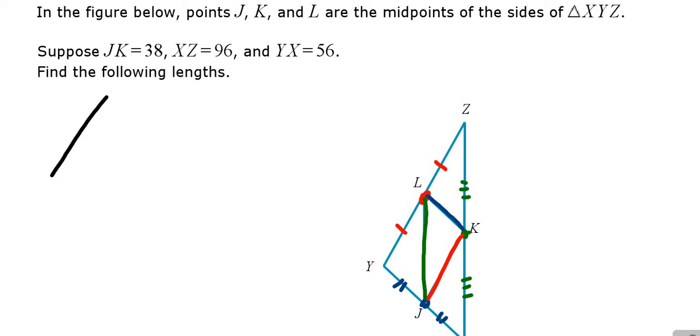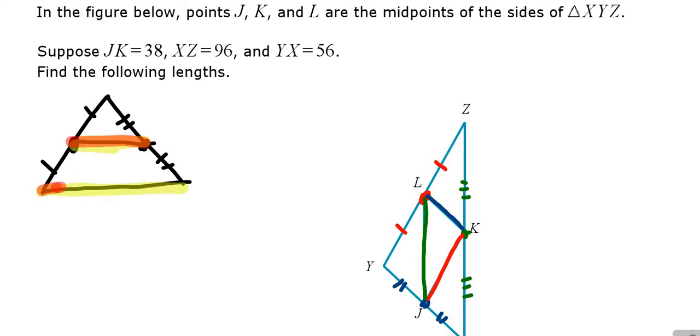The basic rule is whenever you connect 2 midpoints of 2 sides of a triangle, that mid-segment is parallel to the third side. It's also half. So if this was 10, this would be 5. So the mid-segment is both parallel and half the length.